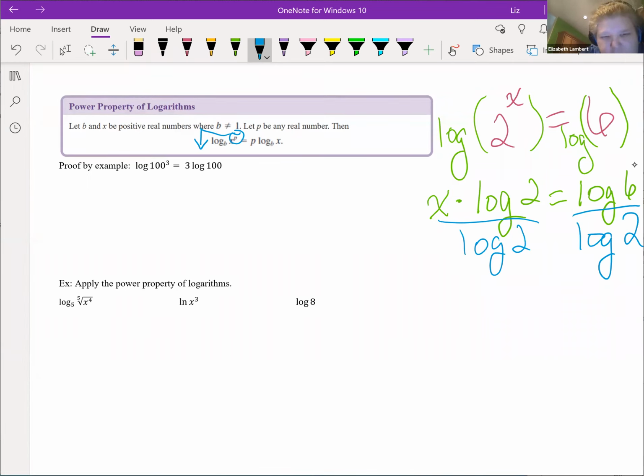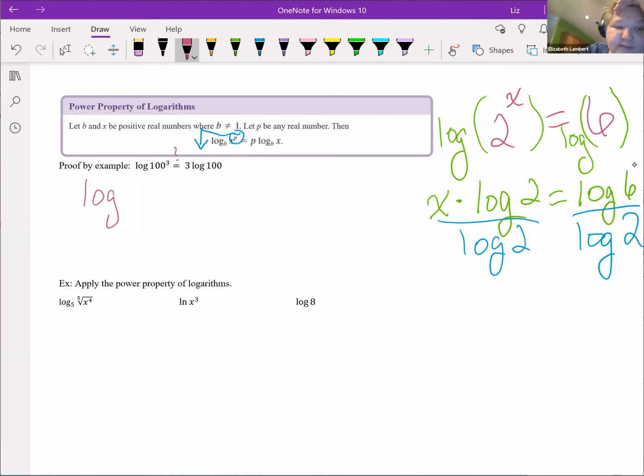But before, let me give you an example with numbers to see if you buy into it. So the log of 100 to the third power is hopefully equal to 3 times the log of 100. All right, well, let's crunch that. I know what 100 is.